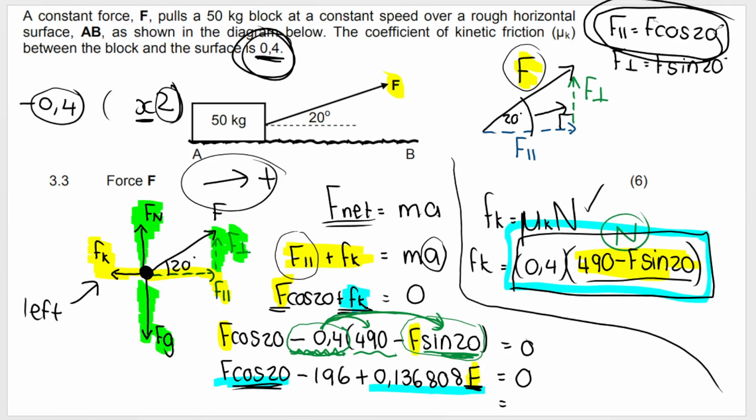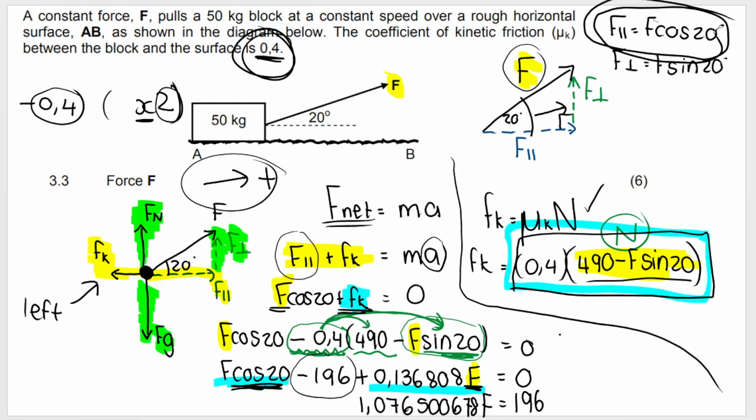It's adding like terms. So plus cos 20, and I get 1,0765000678 F. Then you take the negative 196 over, because it doesn't have an F, it becomes positive 196.